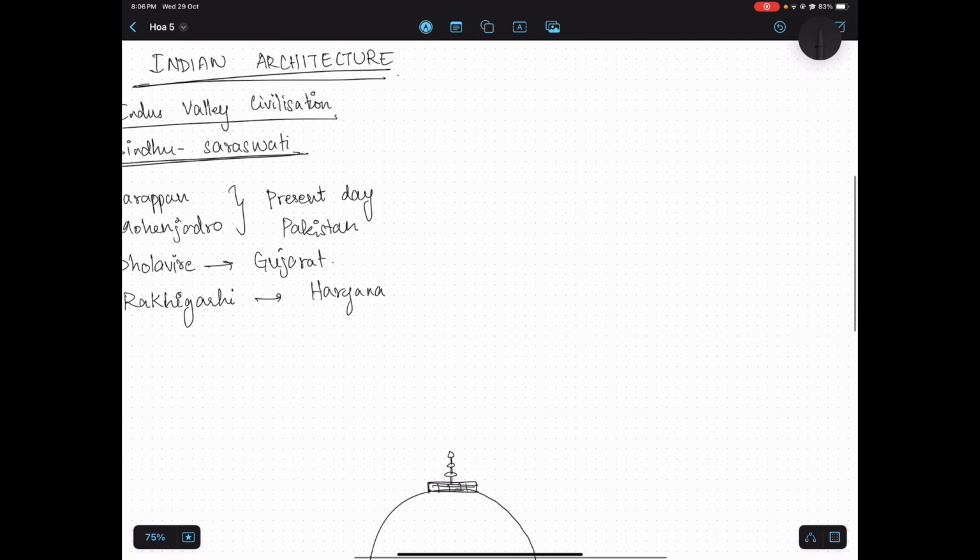Now important features of all these civilizations: first, they are walled cities and were based on a grid layout.